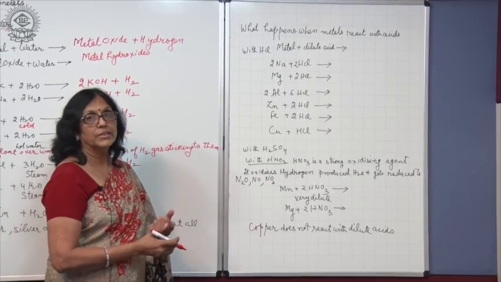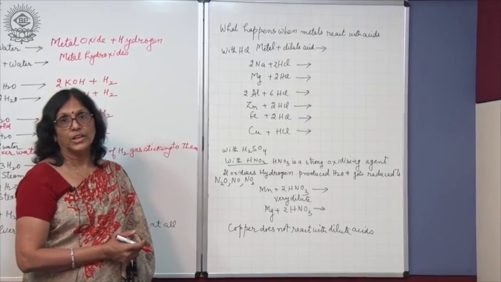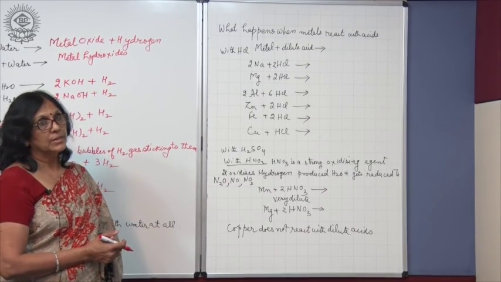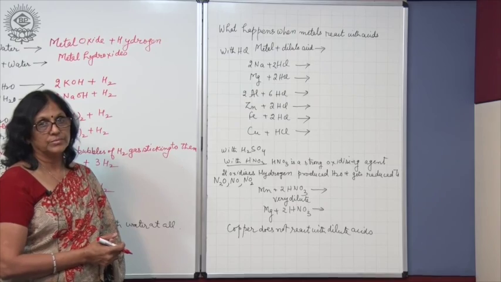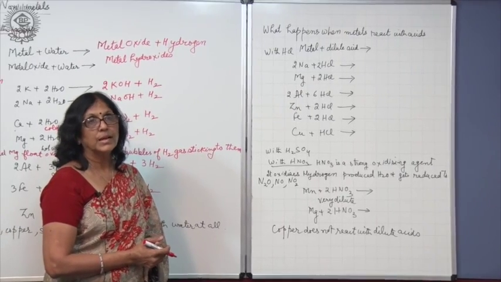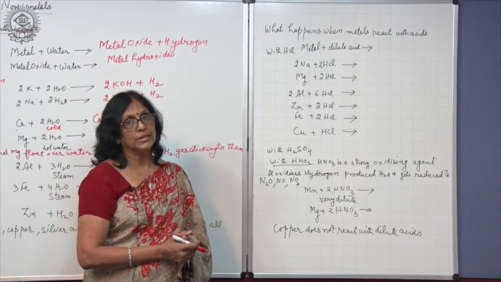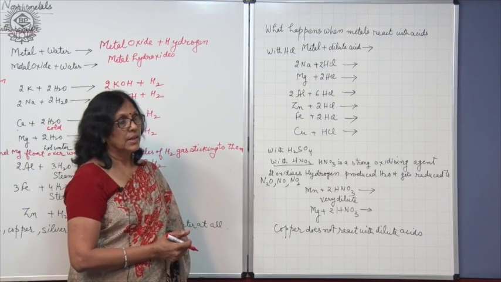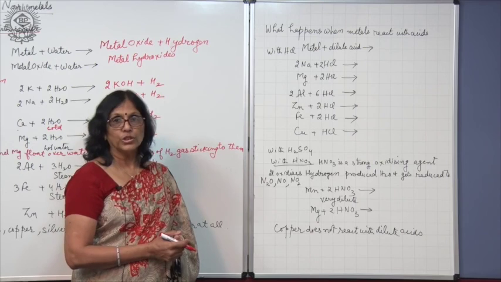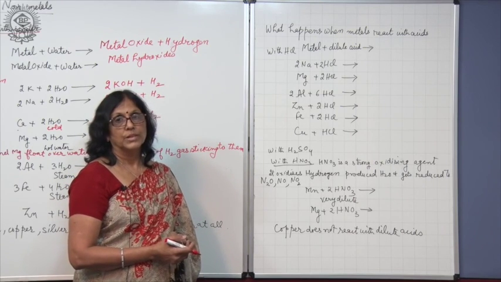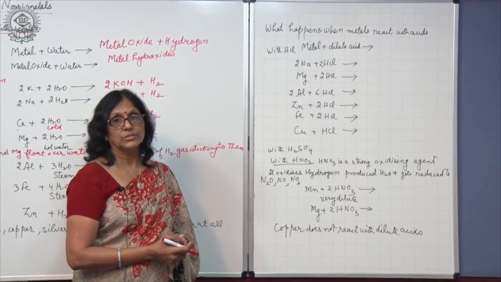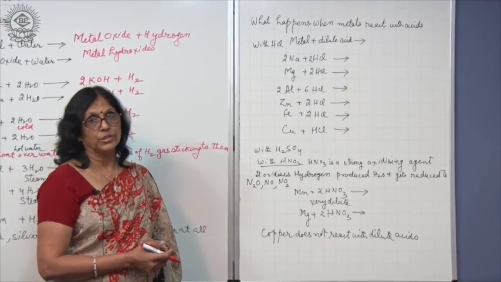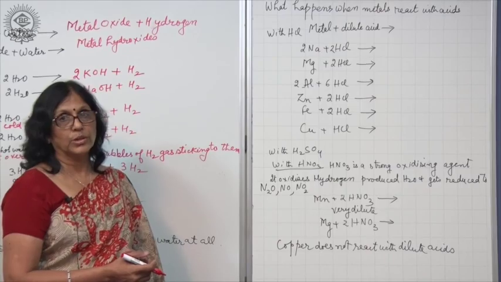For this also an activity can be performed by taking various metals and testing them with dilute acids in the lab, and see how these metals react with acids. Here also the metals like sodium and potassium react violently with dilute acids. The reaction must be performed very carefully because it is an exothermic reaction.